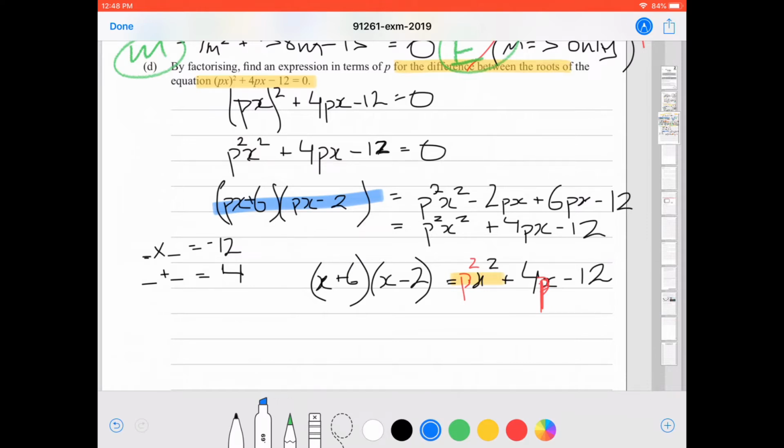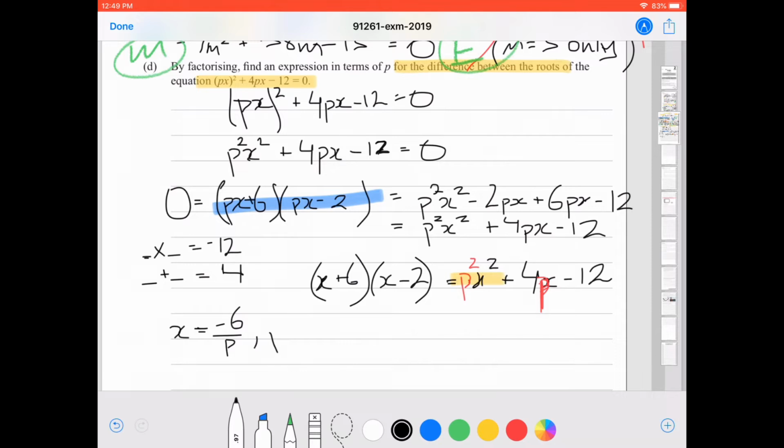equation. Still, we need to find the roots, so our roots are going to be x equals, looking at the first bracket, px plus 6, it's going to be minus 6 over p, just rearranging to solve for x there, and obviously this equals 0.